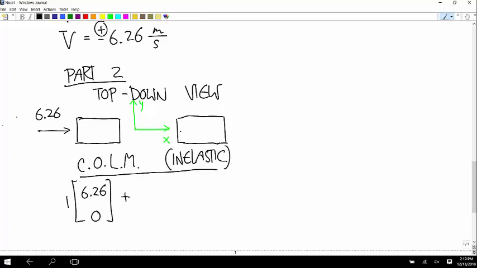The linear momentum before the collision for the half kilogram mass is 0.5 times its velocity, which is 0, 0, since it's at rest. And then after the collision, they're going to be moving as a single object. So the combined mass is 1 plus 0.5. And we want to calculate the velocity vector, Vx, Vy.